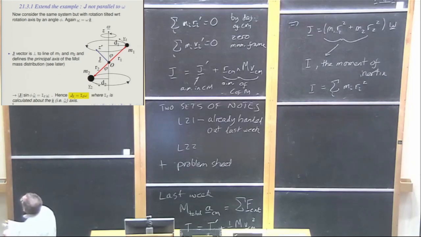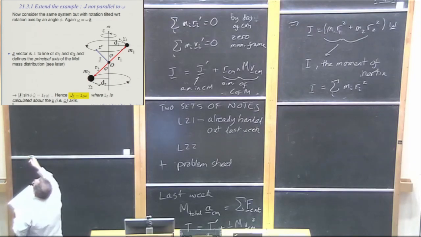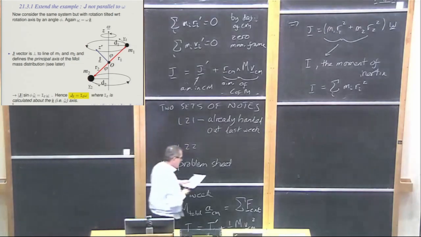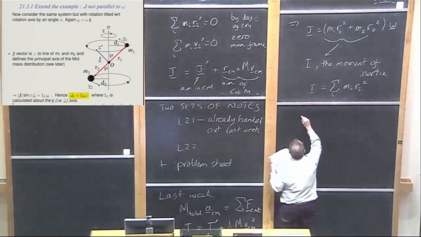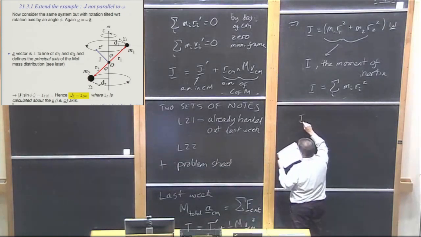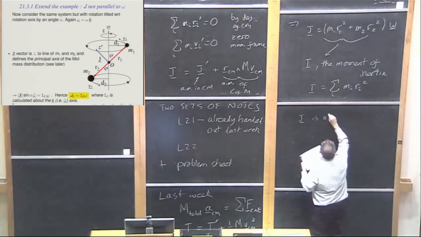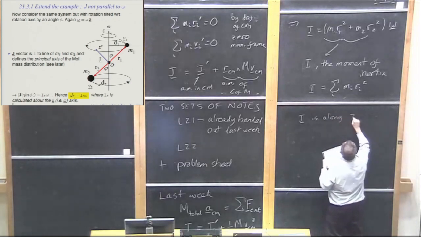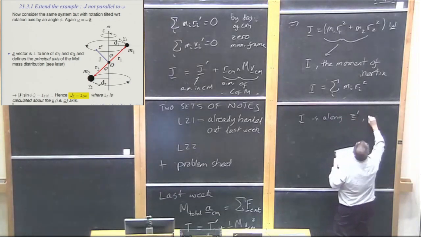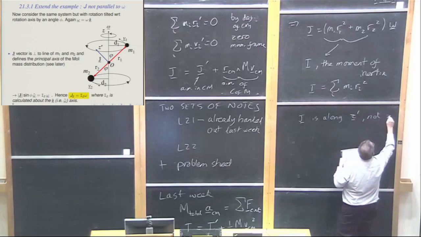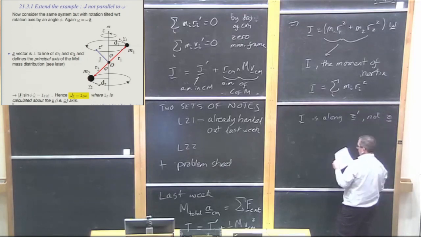We know J is perpendicular to both R and the velocity, so J is pointing along what I call the Z prime axis. J is along Z prime, which is clearly not the same as Z.